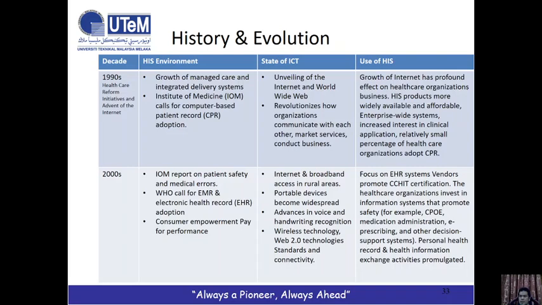Last time we used the iPod, iPad, tablets, and so on. And wireless technology, Web 2000 technology, standards and connectivity were introduced. So HIS became a demand and very important in managing healthcare services for healthcare organizations.